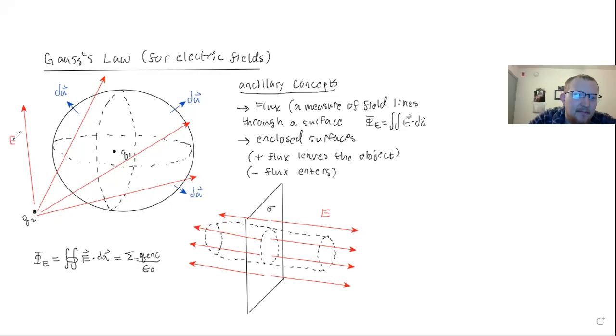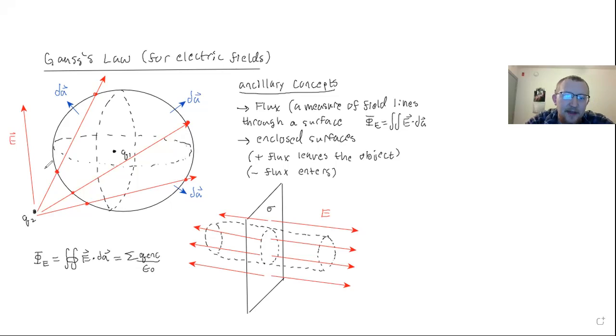Okay, so it looks like we have some field lines that are missing the enclosed surface entirely. We also have some that are entering the enclosed surface, and every line that enters the enclosed surface must leave the enclosed surface. So this field line enters the surface here and leaves the surface there. This one enters here and leaves there. So it seems as though every field line that enters an enclosed surface due to an external charge will leave the surface.